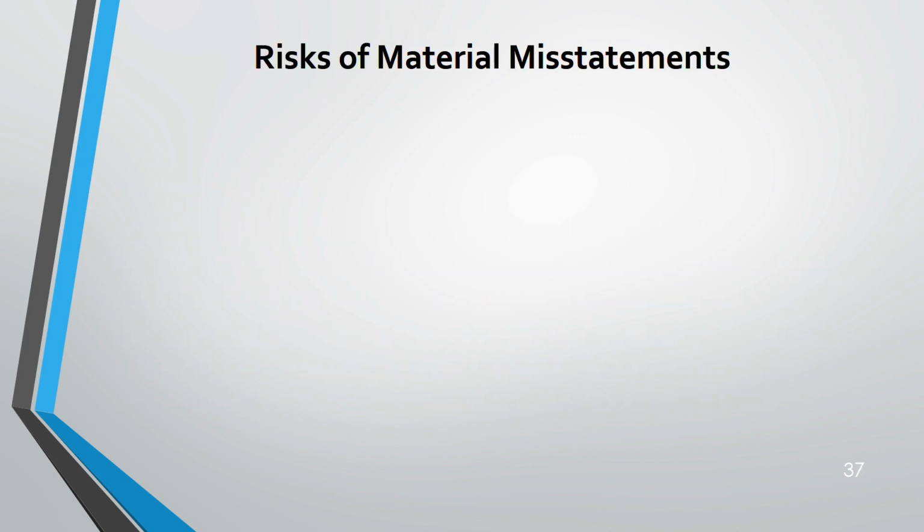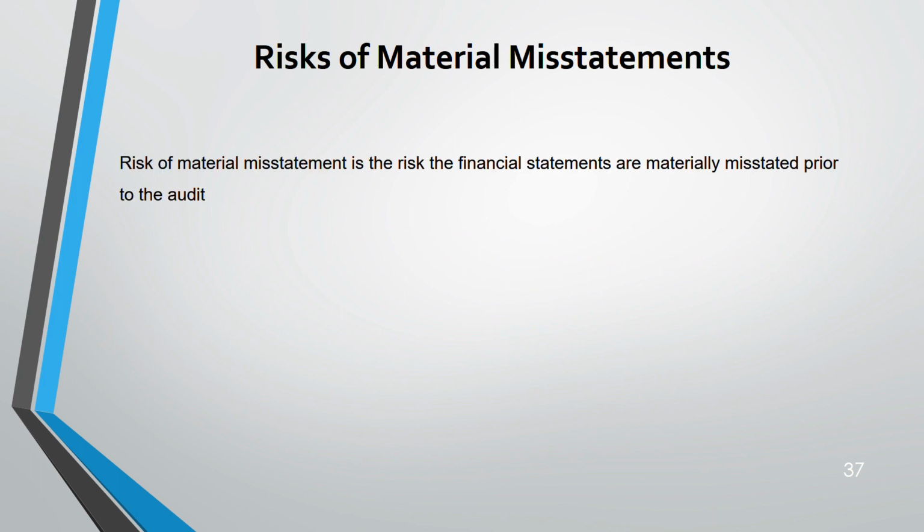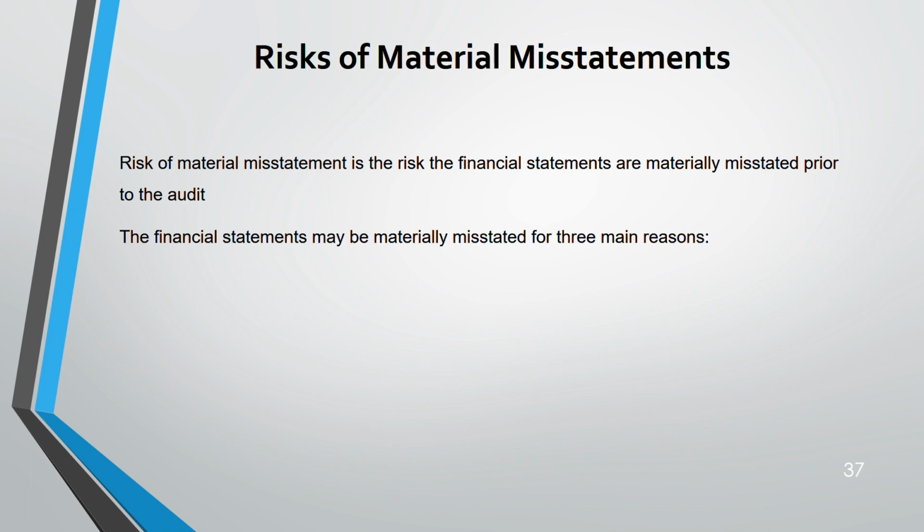Now, risk of material misstatement. So now we are moving on to the risk part. Risk of material misstatement is the risk that financial statements are materially misstated before the audit. There could be 3 reasons why financial statements could be materially misstated.